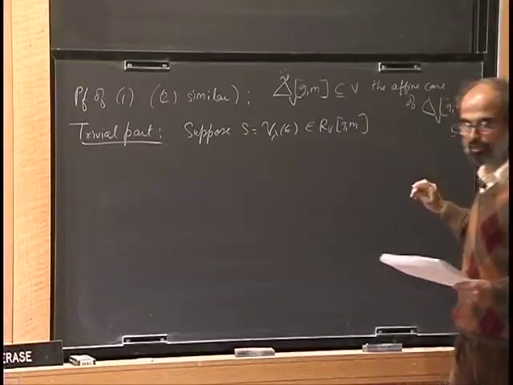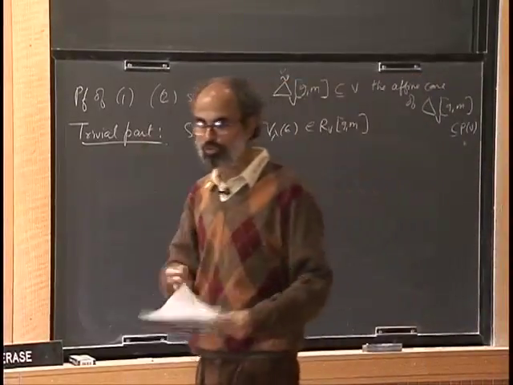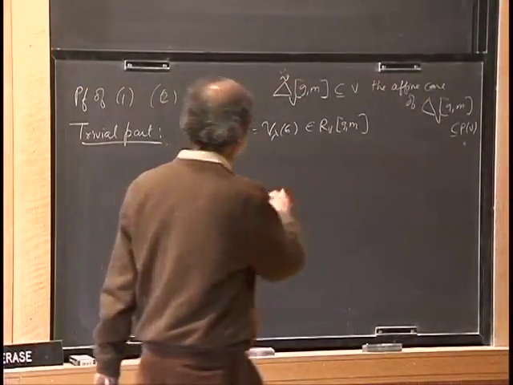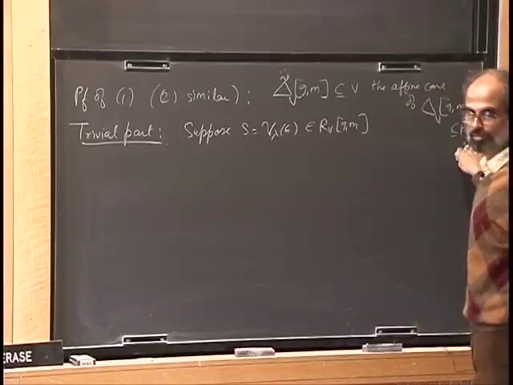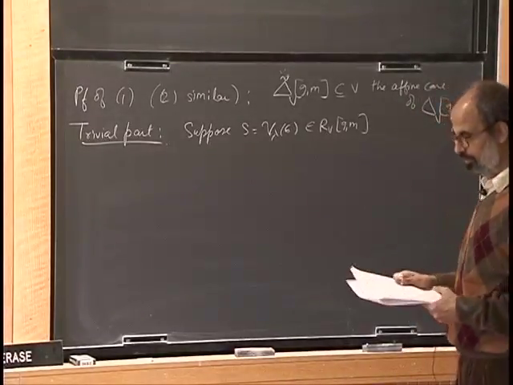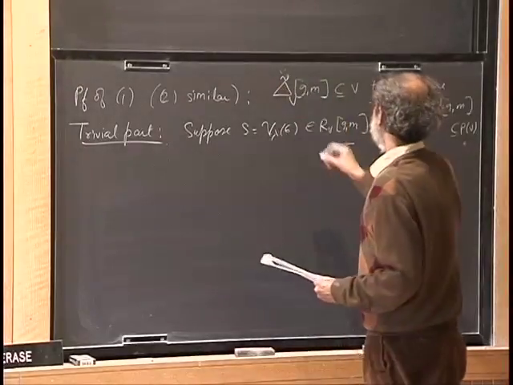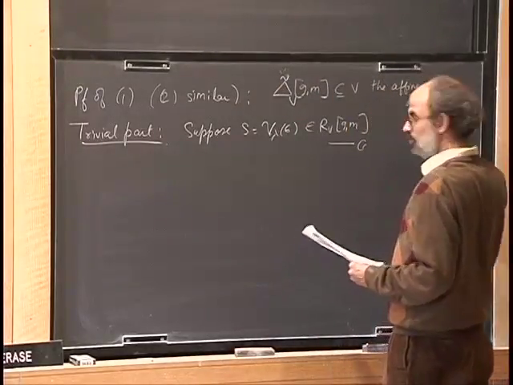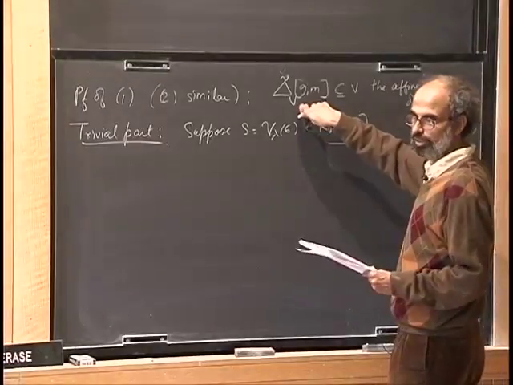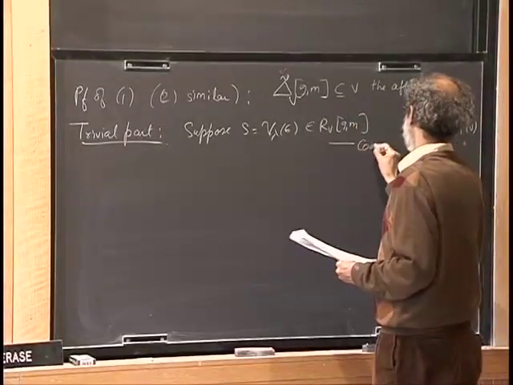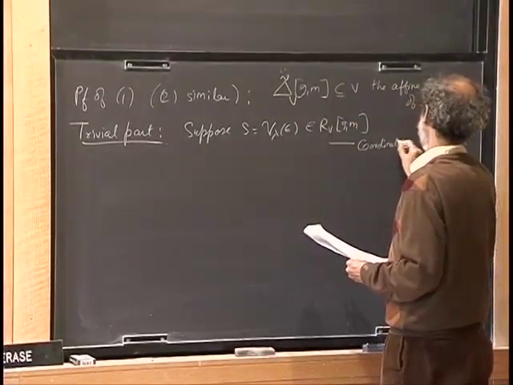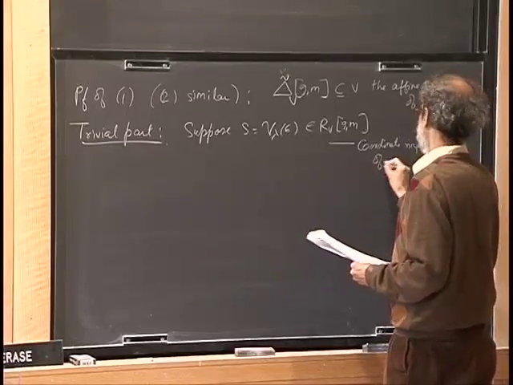Corresponding to every point there is a line. So take the union of all those lines. That is the affine cone in V corresponding to the projective space. One can also think of this as a homogeneous coordinate ring, the coordinate ring of this affine variety.